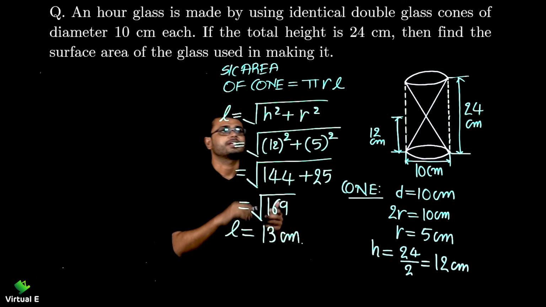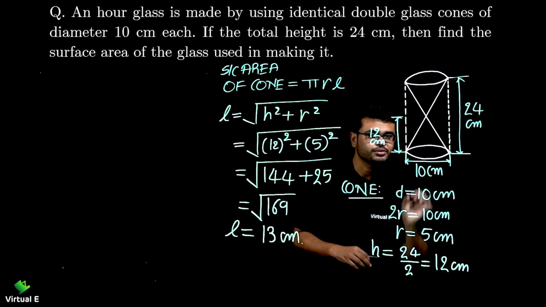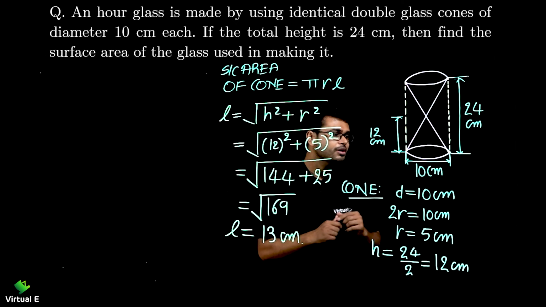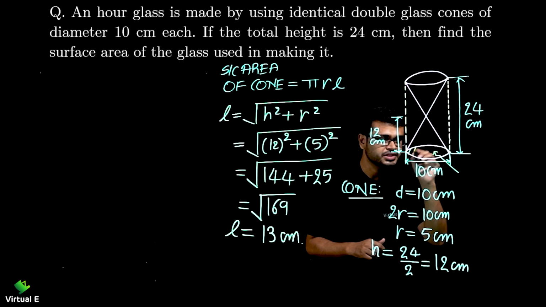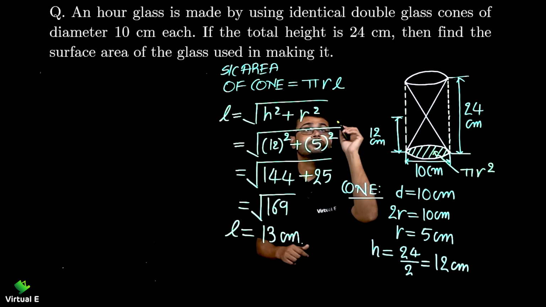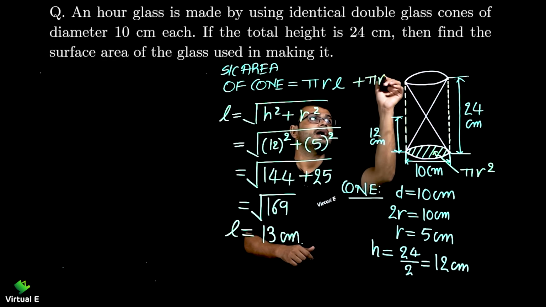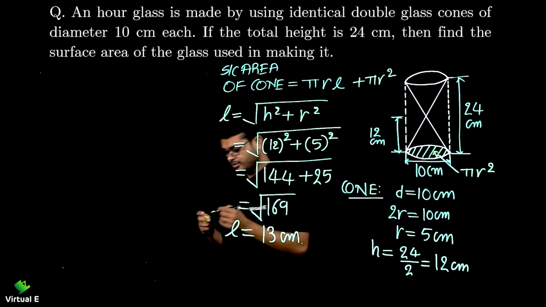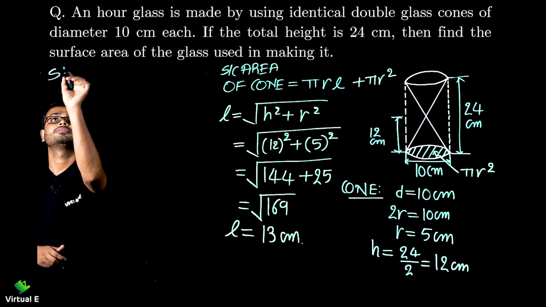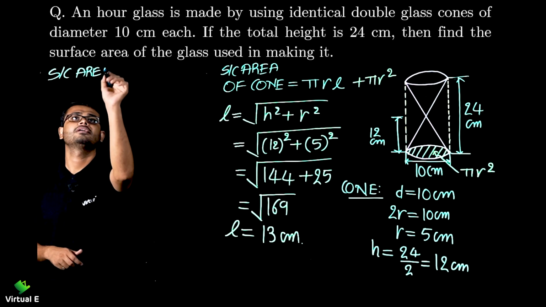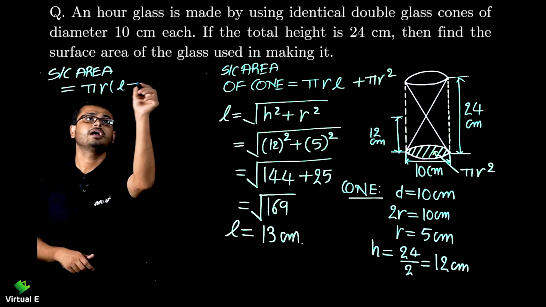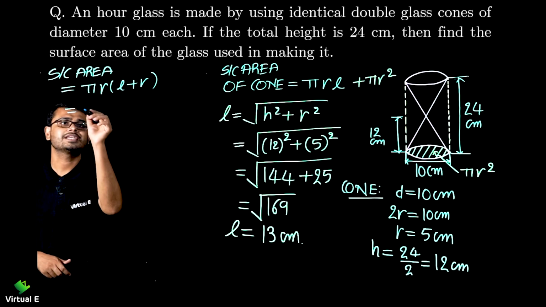Let's get back to the surface area of the cone. When we find the surface area of the cone, we consider the lateral or curved surface area of the cone. What about this pi r square at the bottom? Don't forget that we need to add pi r square as well. So the total surface area is pi r into l plus r, taking pi and r common.